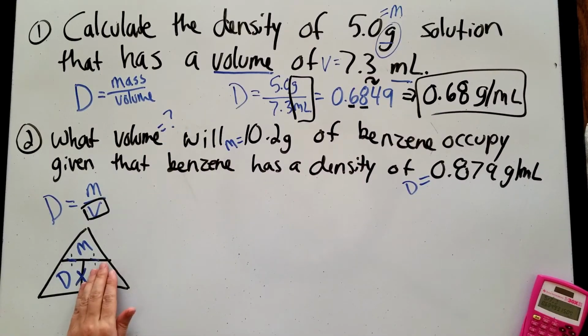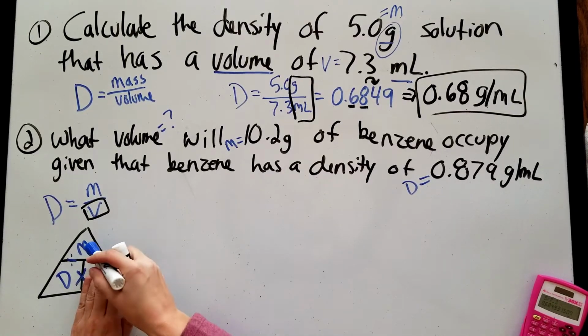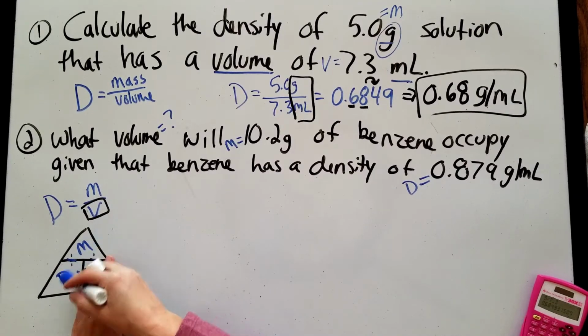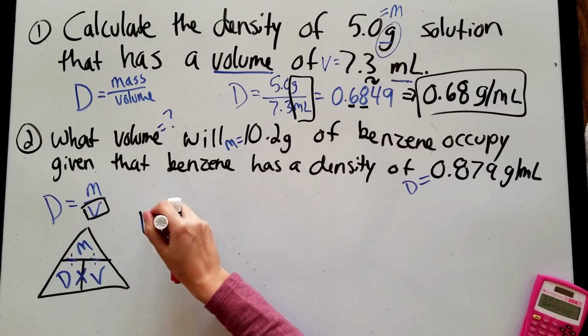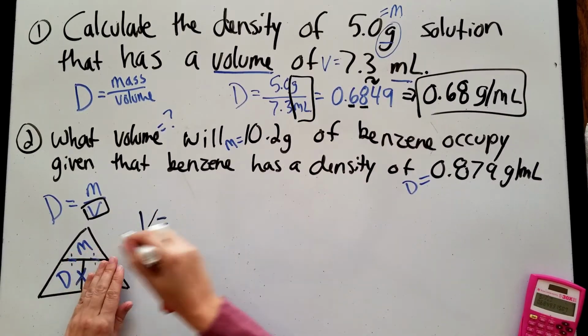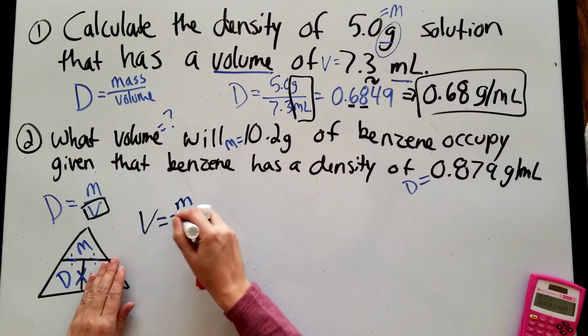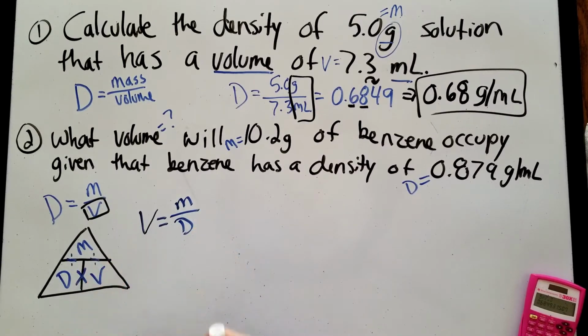I'm going to cover up that variable with my hand. So solving for V, I'm going to cover that up. Then I'm going to do whatever the triangle tells me with the other 2 variables. So what this is telling me is it's going to take the mass and divide by the density. So to solve for volume, the rearranged equation would be mass divided by density.